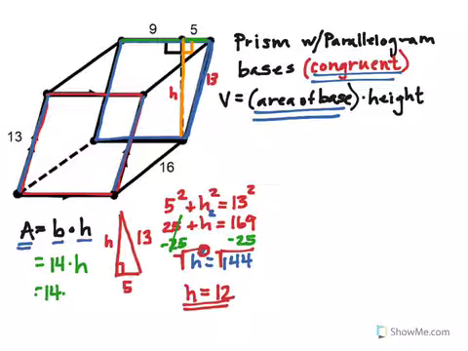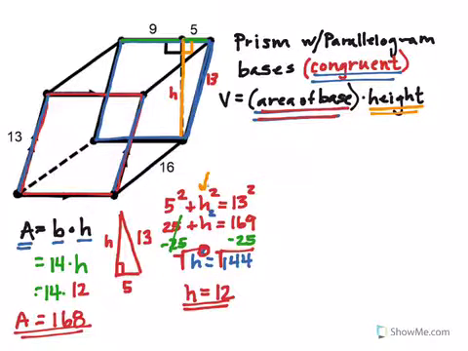And we can plug that in here, is equal to now 14 times the height of 12. So our area then, 14 times 12 is 168. So this is our area. So we've solved here for the area of the base. And now, this might be a little confusing, but now we're interested in the height. These are two different heights.